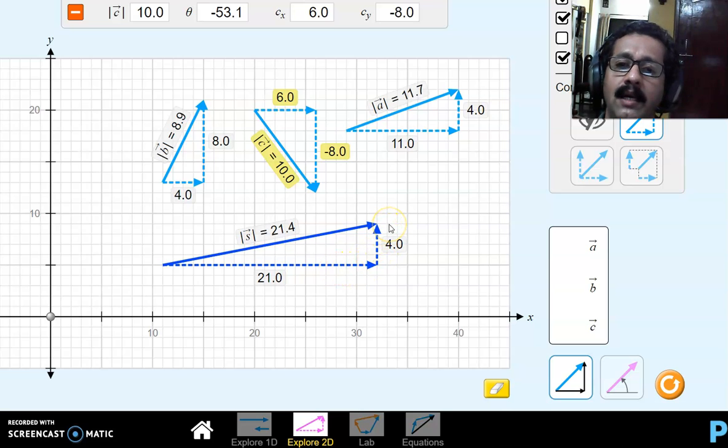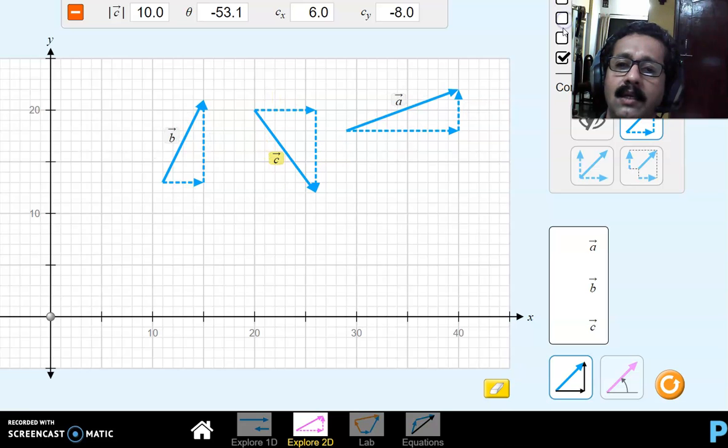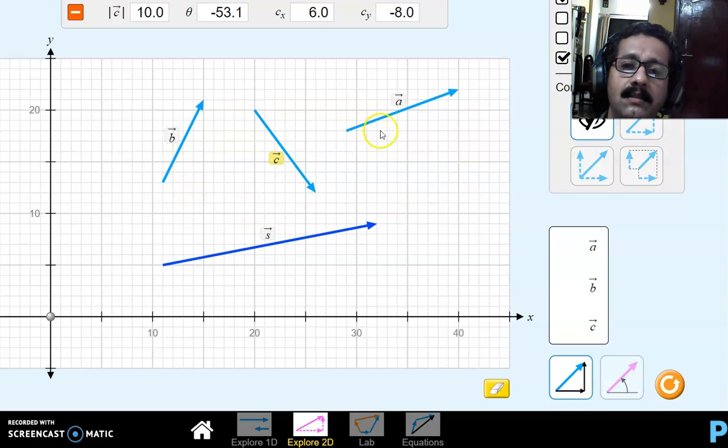Now, can I just keep on adding vectors one at the end of the other? If I try to do so, I will be able to understand that the sum vector, this is my vector A, I'll shift it here somewhere.